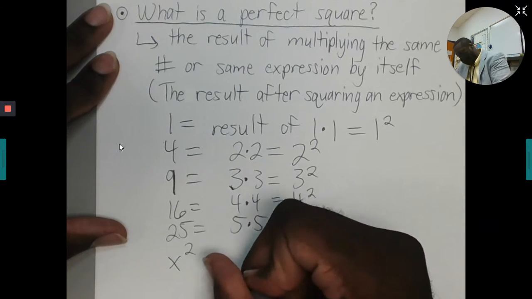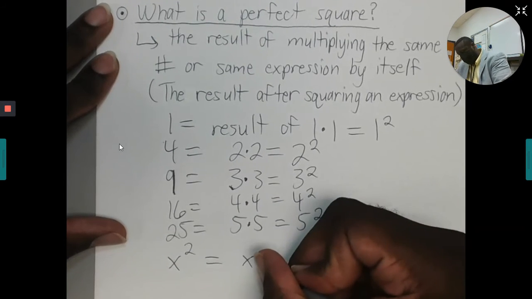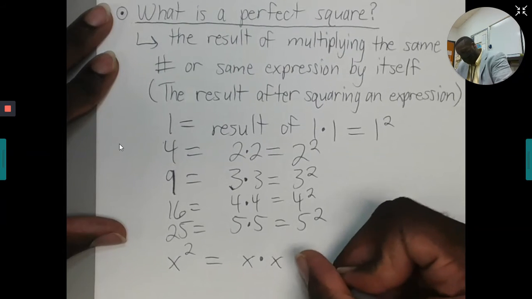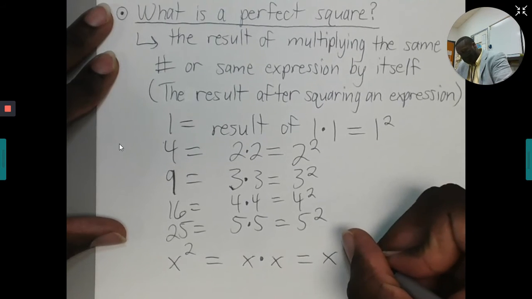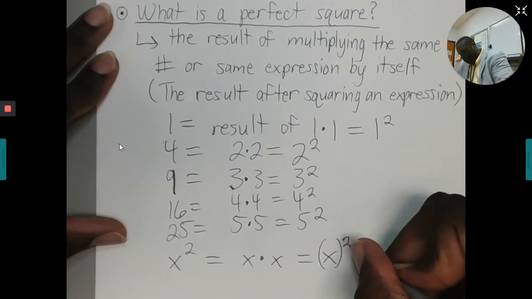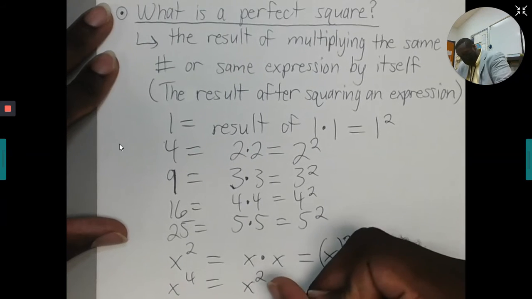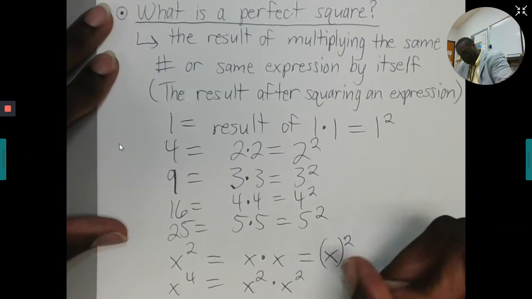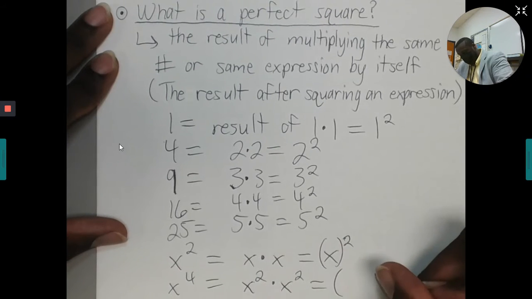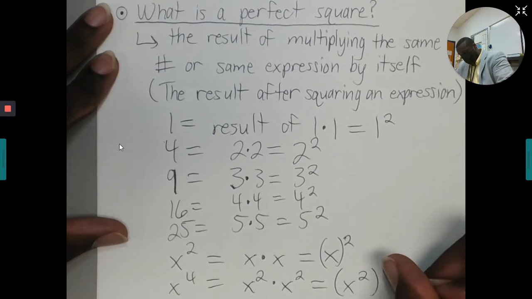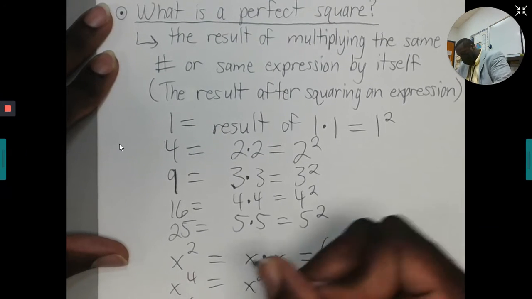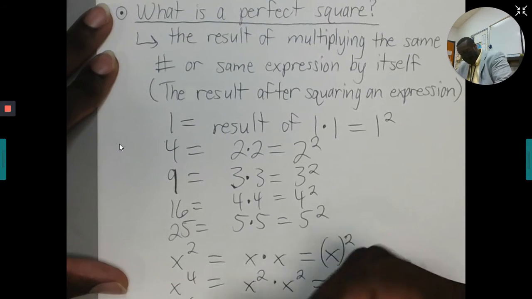Like for instance, x squared. X squared is the result of multiplying x times itself, or squaring x. X to the 4th is the result of multiplying x squared times x squared, in other words, where you square x squared. X to the 6th is another perfect square.